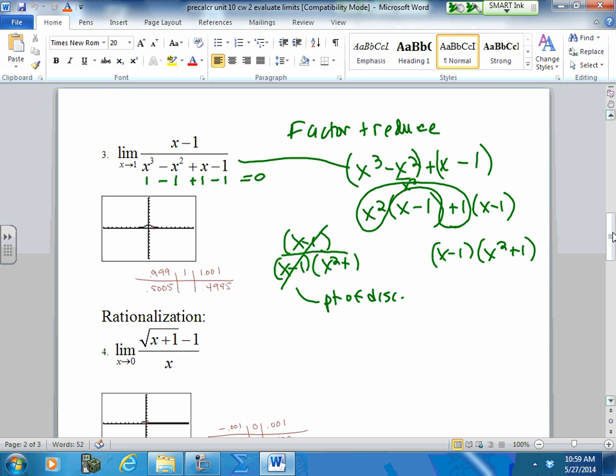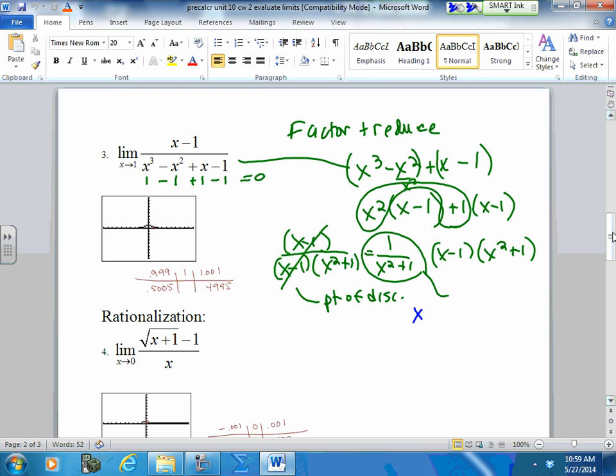So what's left in the numerator? 1. So here's what's left of my function after we factor it. So how do I find its y value? Substitute it in now. Now I can substitute it in.